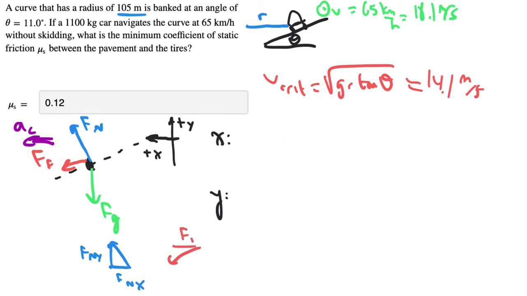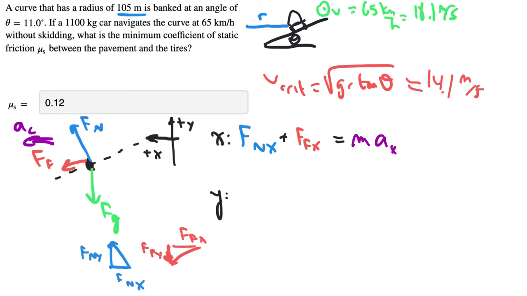And that would have an FFx and an FFy, like this. And so looking at our x component parts, we would have FNx, and then we also have, of course, FFx. But they both point in the same direction, so we can add them. And then they should equal m times the acceleration in x.